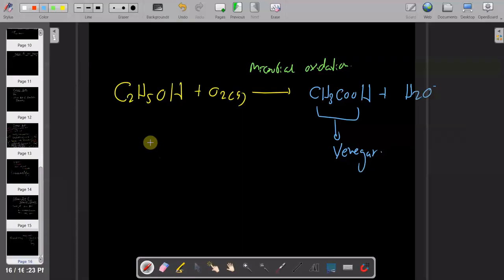Now remember, same thing happens in the production of wine. Depends on the alcohol, you get a different flavor in different alcohols.